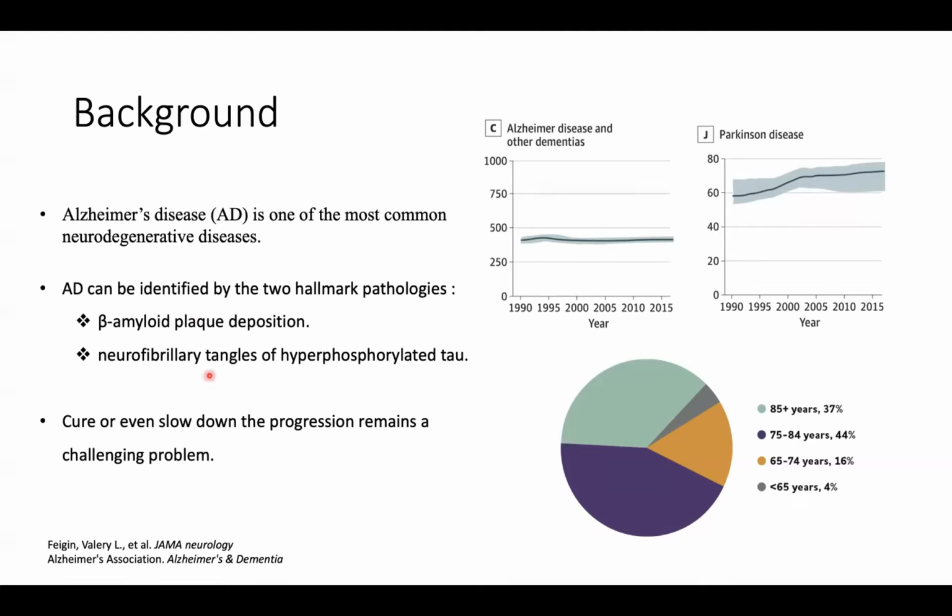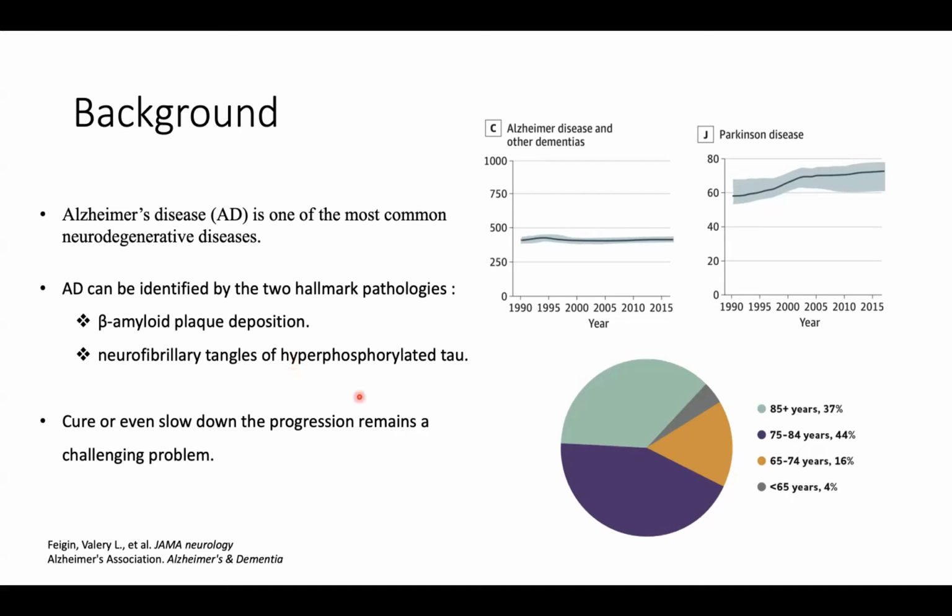The pathologies for AD are still not very clear, but there are two hallmark pathologies for AD development. One is beta amyloid plaque deposition, and the other one is tau deposition. Those are proteins that deposit in the neurons and cause bad effects on the brain functions.